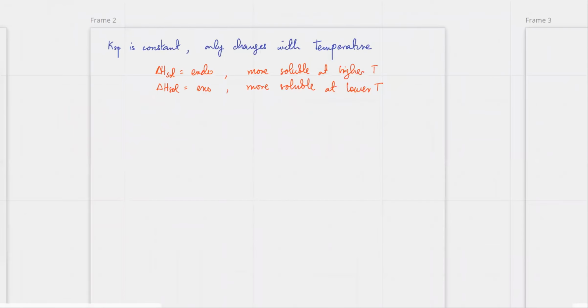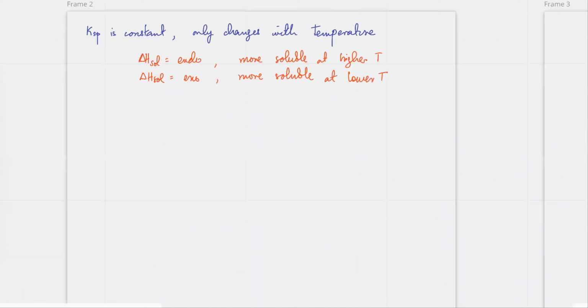Now the first question type. And remember, focus on the term saturated. It's only for saturated, not for dilute solution. I'll write this down. Ksp is calculated only for saturated solutions.